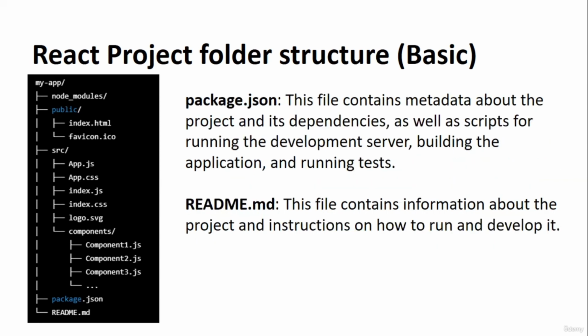Apart from this, there are two more files. One is package.json. This package.json is used to maintain the metadata of our project and its dependencies. Generally, whenever we install any package, an entry is made in package.json, along with the dependencies required for that package to run smoothly without any error.